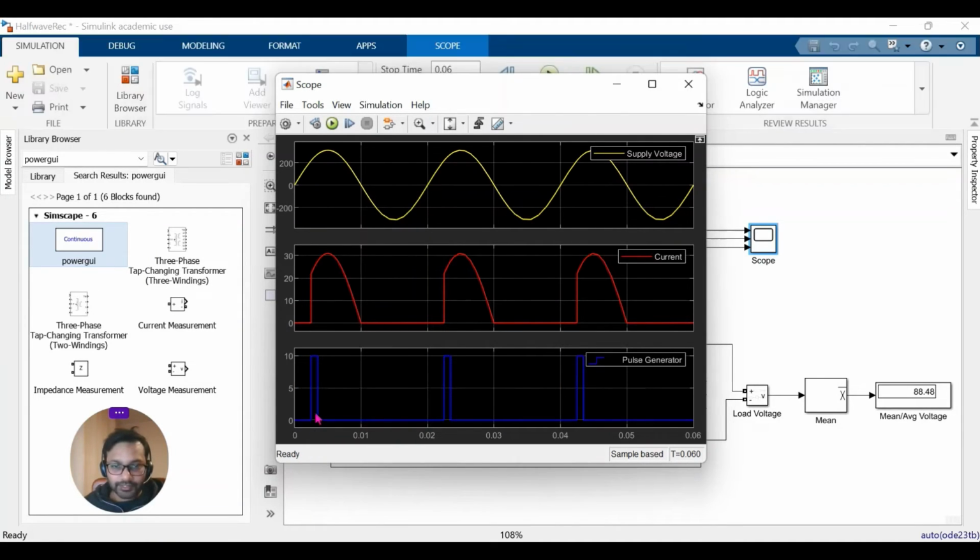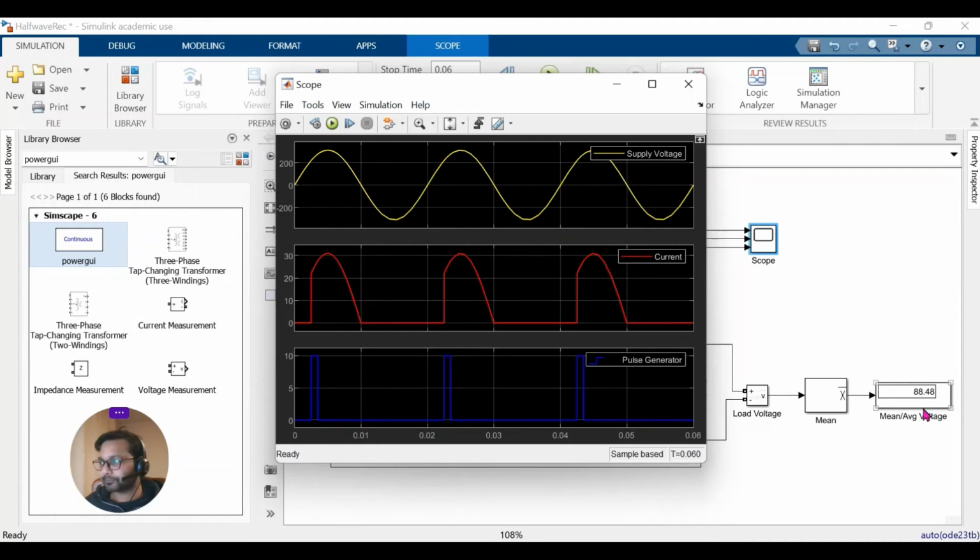Right, so as you can see, this has moved to 45, and again the rectifier circuit is generating the waveform after 45-degree phase.